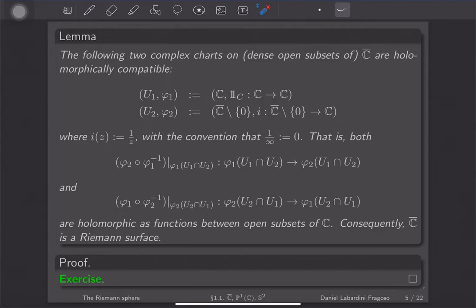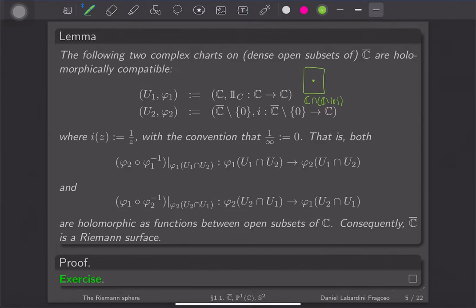And what happens is that in the intersection of these two, which is just like C, but punctured, right? Without the origin. That's the intersection of these two open sets. So let me write it: C intersect C bar minus 0.